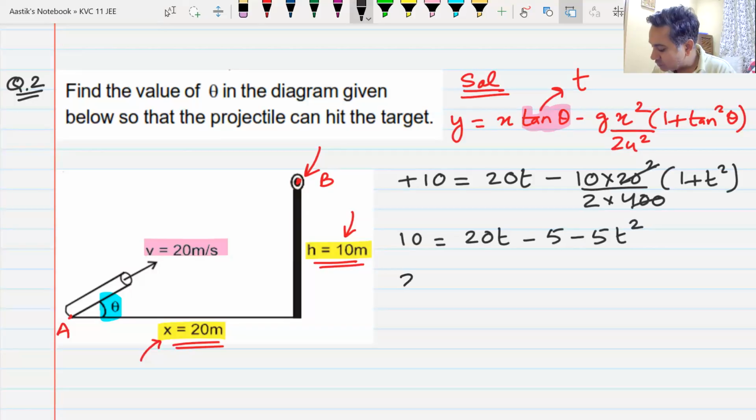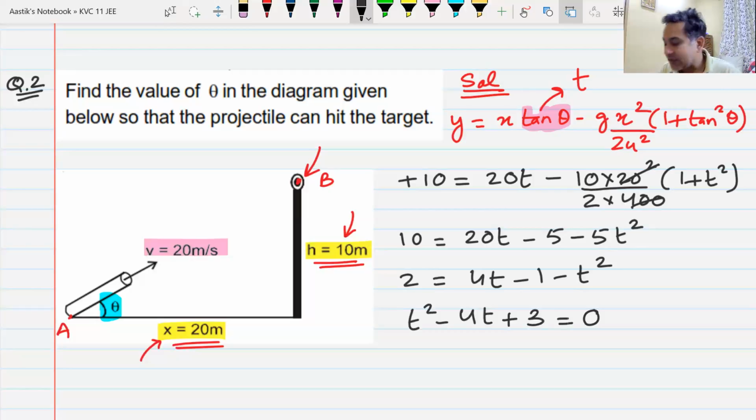So I can write it as 2 will be equal to 4t minus 1 minus t square. This becomes a very simple equation: t square minus 4t plus 3 is equal to 0. This is a quadratic equation that should give you two values of t, and this t is nothing but your tan theta.